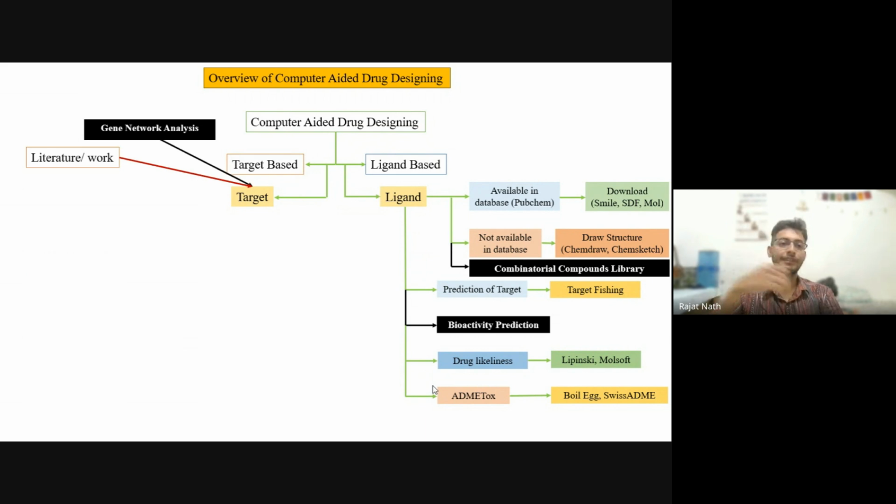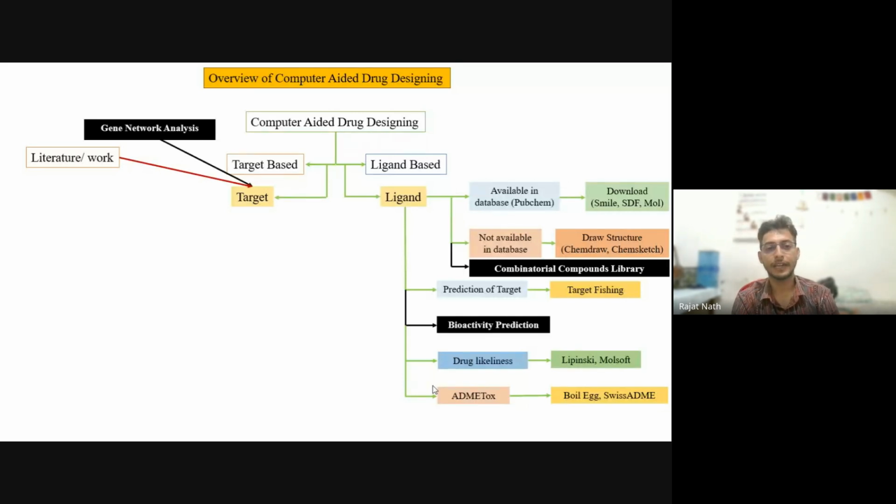There is another process known as gene network analysis. It is also an in silico process by which you can study all the genes related to that particular type of cancer. From this analysis, you can identify the most crucial gene which is responsible for the progression of cancer. By this process, you can get a gene of interest, and if you inhibit this gene, it may cure the disease. So this is another avenue of computer drug designing or bioinformatics.